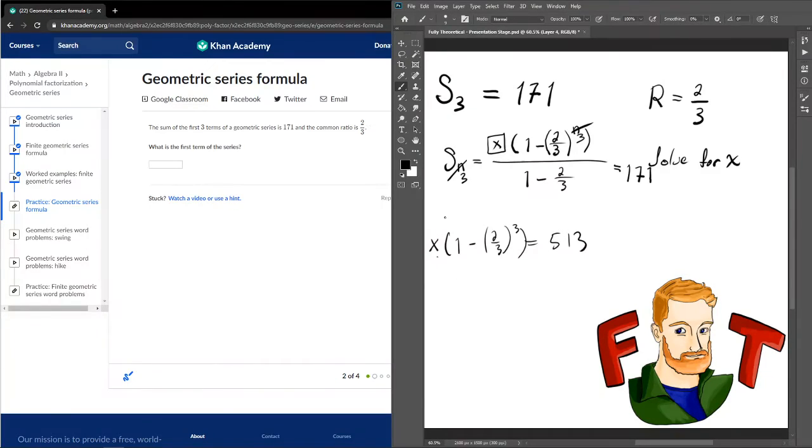And because we're looking for x right here, what we need to do is actually divide both sides by this expression right there. So 1 minus 2 over 3 cubed.